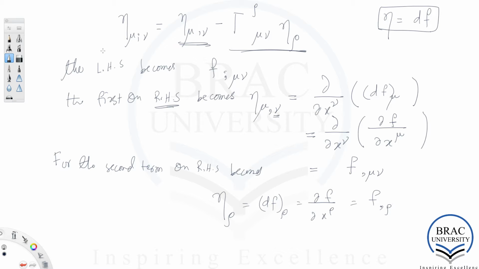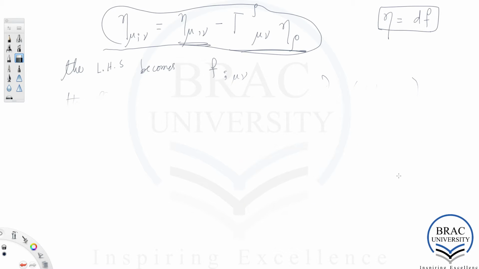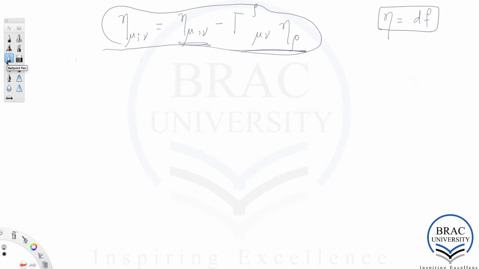So for the case of eta equal to df, this becomes f semicolon mu equal to f comma mu minus gamma rho mu f comma rho, right?